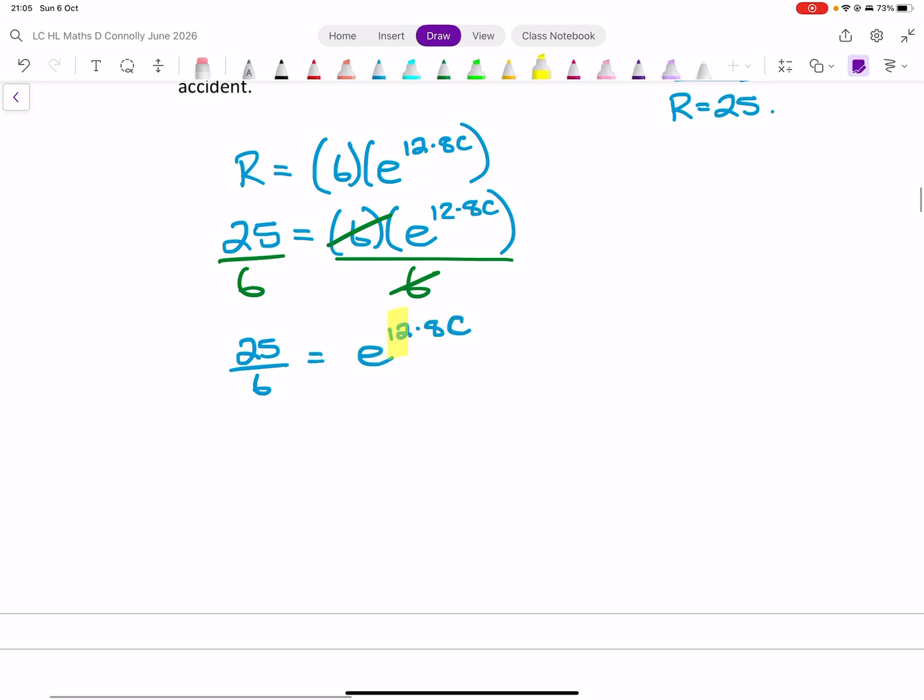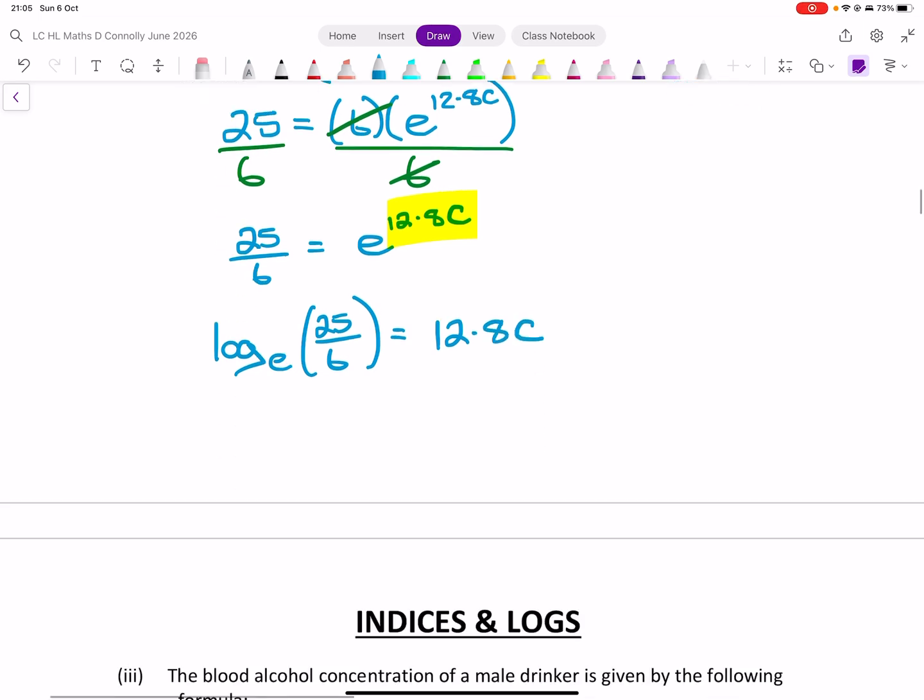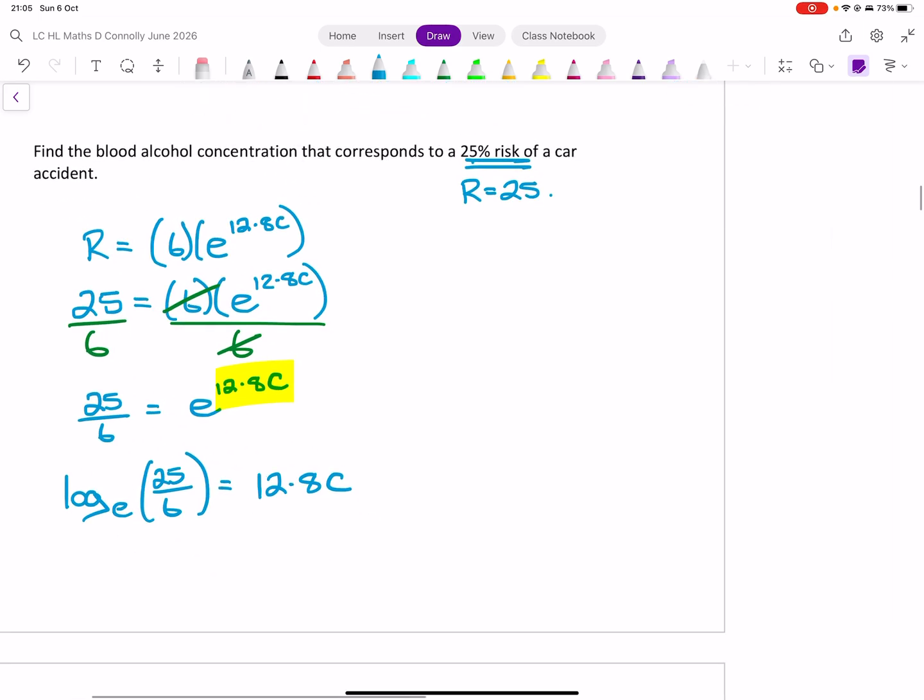Okay, the variable is up here in the power, which means we'll have to switch to logs. So it's log to the base e of 25 over 6 equals 12.8c. Log to the base e is the same as ln. So ln of 25 over 6 equals 12.8c.